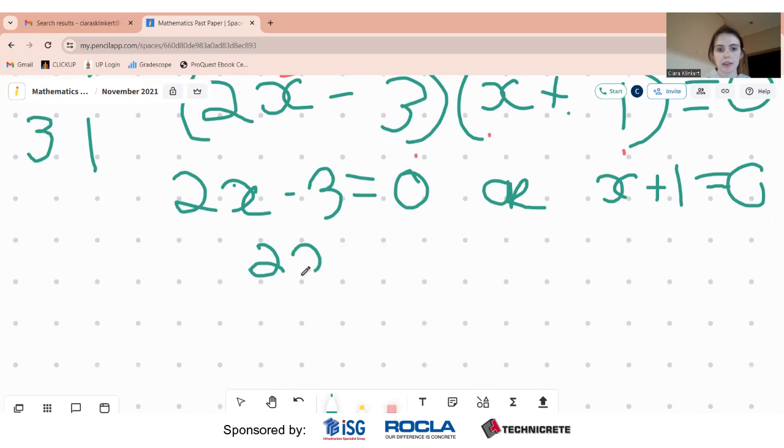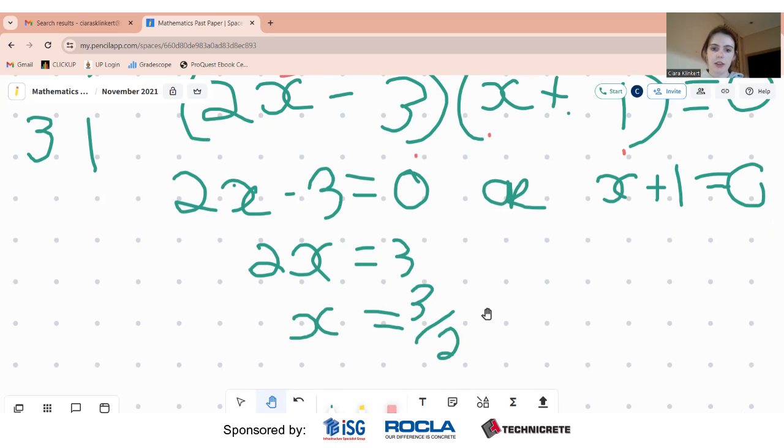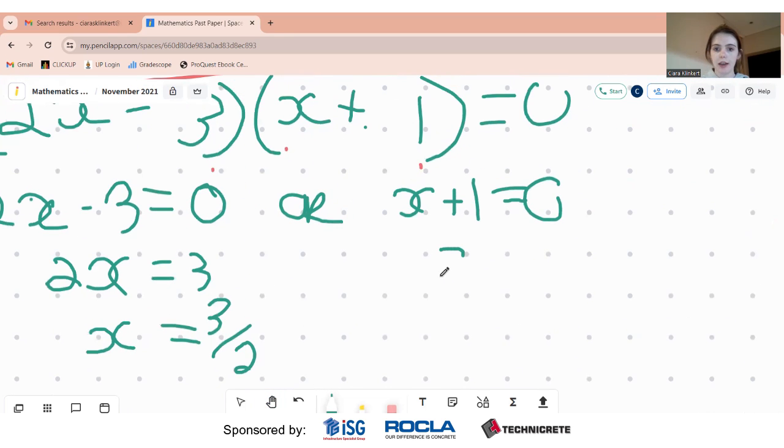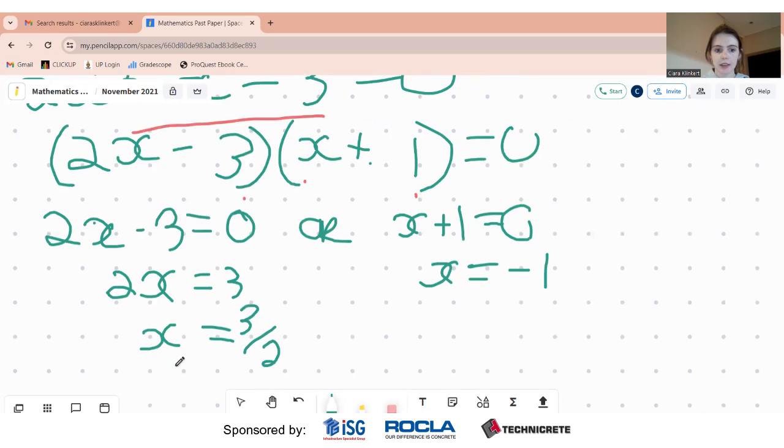So I've got 2x is equal to 3. Then I divide by 2, and I get that x is equal to 3 over 2. On the other side, I simply need to take the positive 1 over, and I get that x is equal to -1. And that is the equation solved.